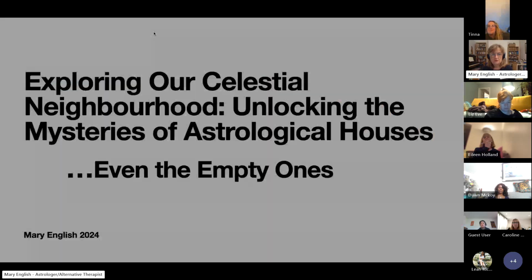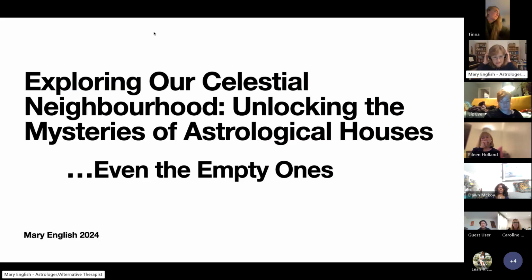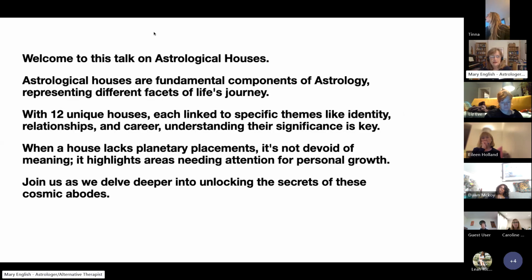We're going to be exploring our celestial neighbourhood and unlocking the mysteries of astrological houses, even empty ones. We're also doing stelliums today. So welcome to this talk on astrological houses. Astrological houses are fundamental components of astrology, representing different facets of life journey.